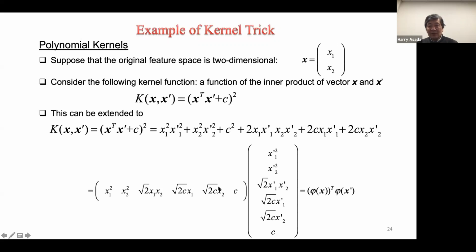As you continue, you can confirm that the product between this vector and this vector exactly gives this lengthy expression.